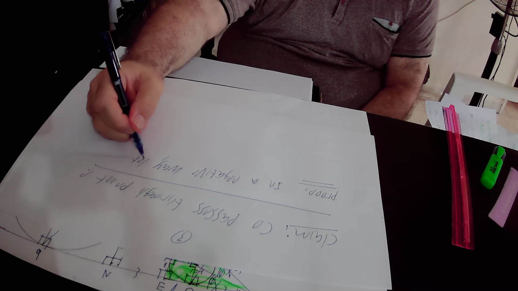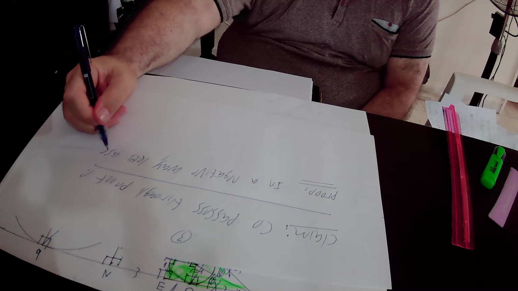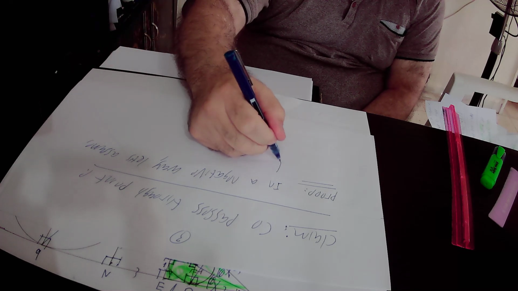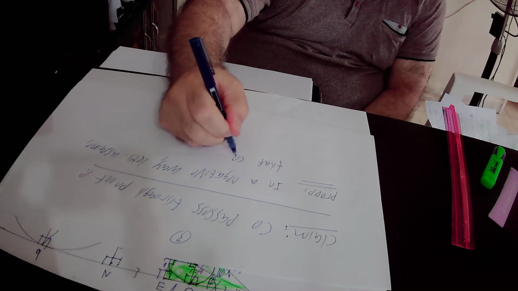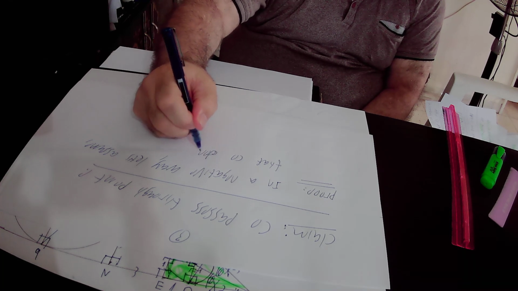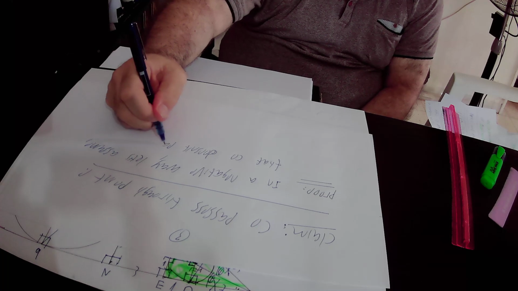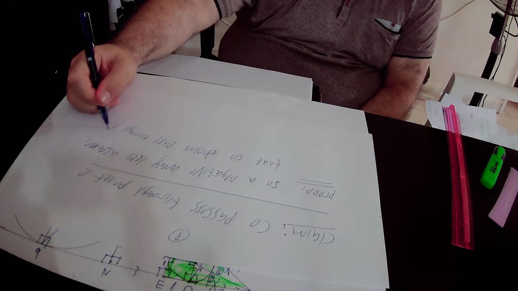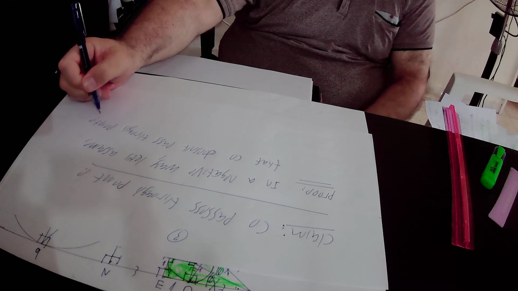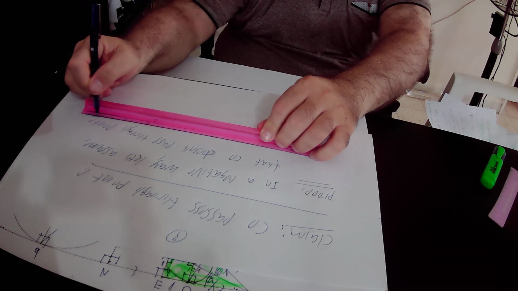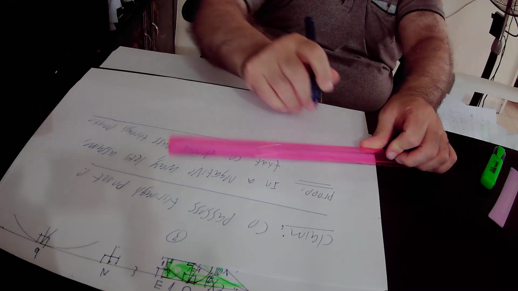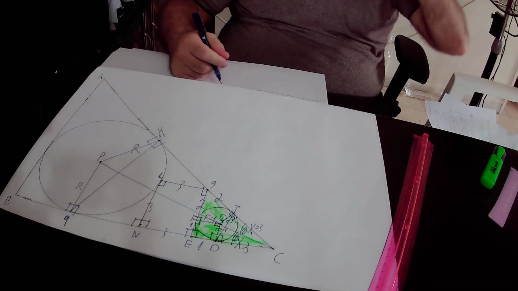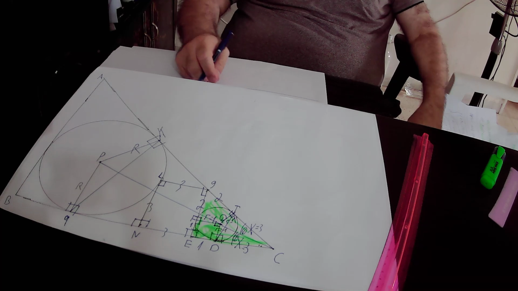Let's assume that CO doesn't pass through point P. From our assumption, we'll get to a contradiction.